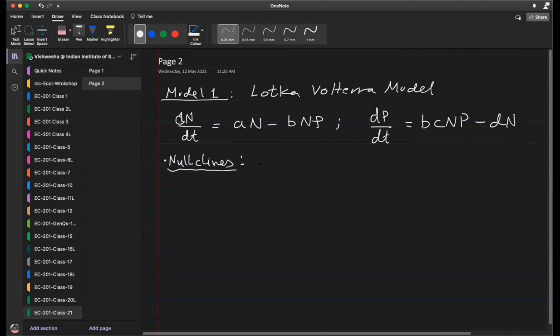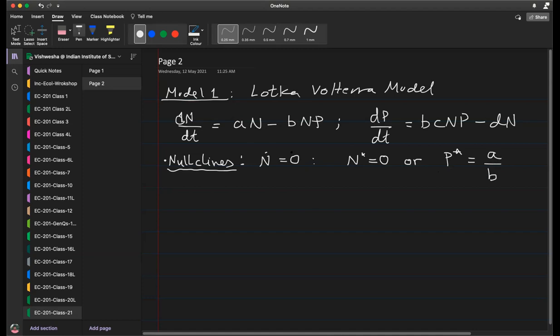For the null line for N dot equal to 0, what would that be? So you basically can either have N equal to 0, or if you take N as a common factor in this right hand side equation, you have a minus bP equal to 0, or P is equal to a divided by b.